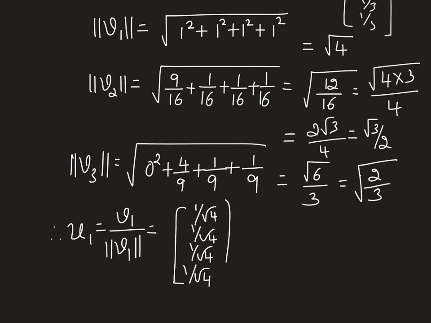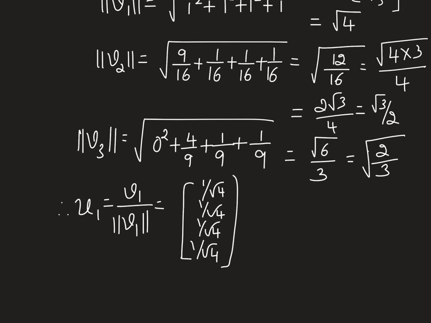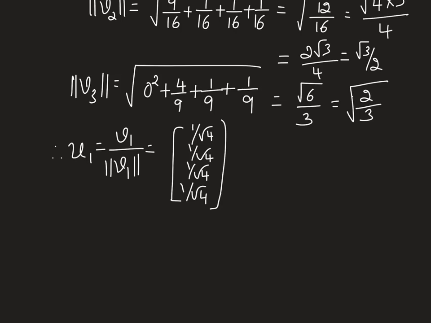So we have the vector V1 divided by root 4. Next, U2 is V2 divided by the norm of V2. So we have the vector V2 and we divide by root 3 by 2.